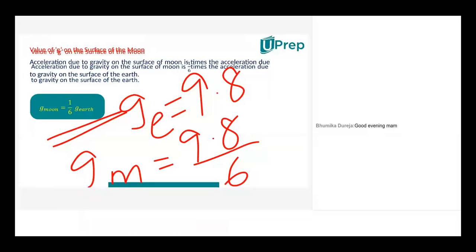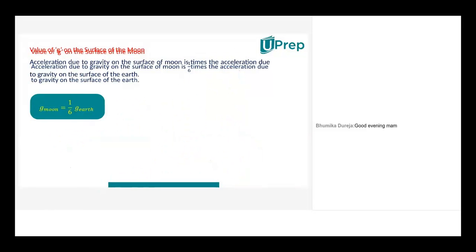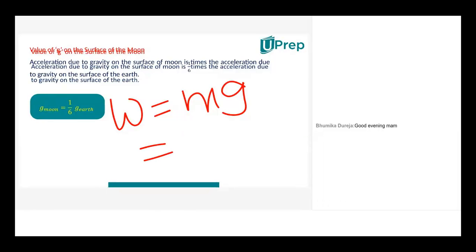And how can you exactly understand this? We will be calculating our weight. Technically, our weight is calculated by using this expression F equal to mg. So if your mass is 45 kg, then your weight on the earth is mass 45 into acceleration.